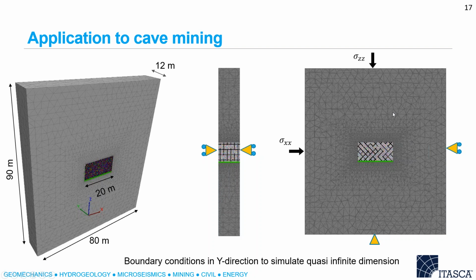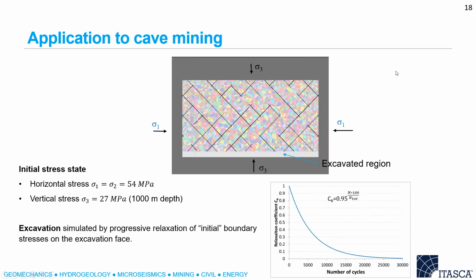We have an elastic boundary and fixed displacement in the y direction to simulate infinite conditions. This is a zoom on the BBM sample and the excavation that we are going to perform.